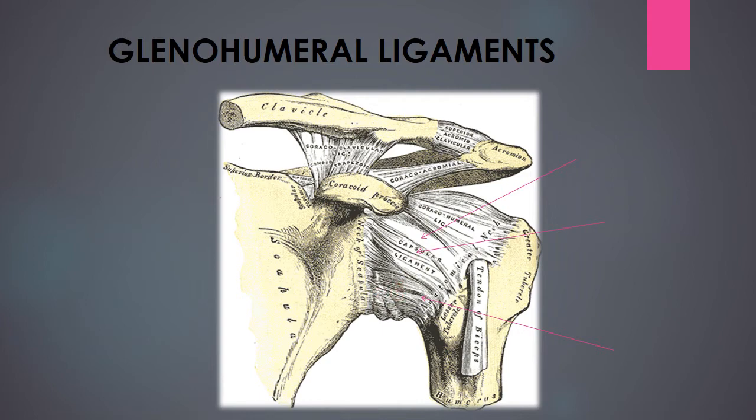So these are all simply thickenings of the articular capsule of the glenohumeral joint. And this is an area of potential weakness where the shoulder can either dislocate, can subluxate, or can become recurrently unstable in the anterior direction.